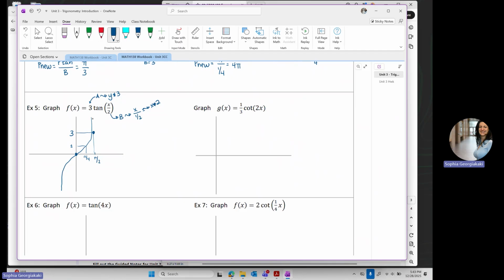I had an asymptote at x equal to pi over 2. This x value will be multiplied by 2, so now I will have an asymptote at x equal to pi. So the horizontal scale is times 2, the vertical scale is times 3. This graph will stretch vertically and horizontally. On the negative side, I had negative pi over 4 with -1. The x will be multiplied by 2, so it will become negative pi over 2, and the y will be multiplied by 3, so it will become -3.